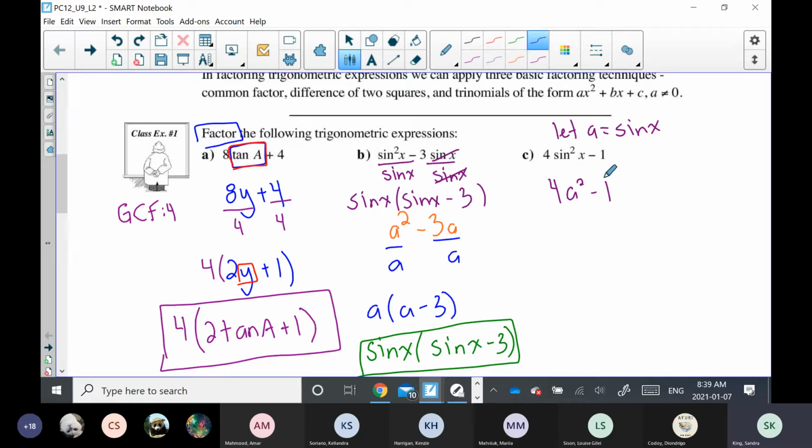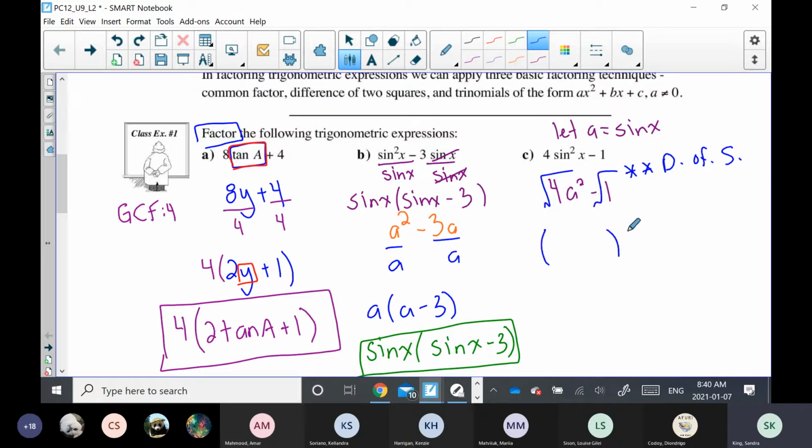Because there's no GCF, between a 4 and a 1, I can only factor out a 1. This is the difference of squares. So you just have to be really good at recognizing difference of squares. To review, it's 2 terms separated by a minus, and each of these terms could be square rooted.